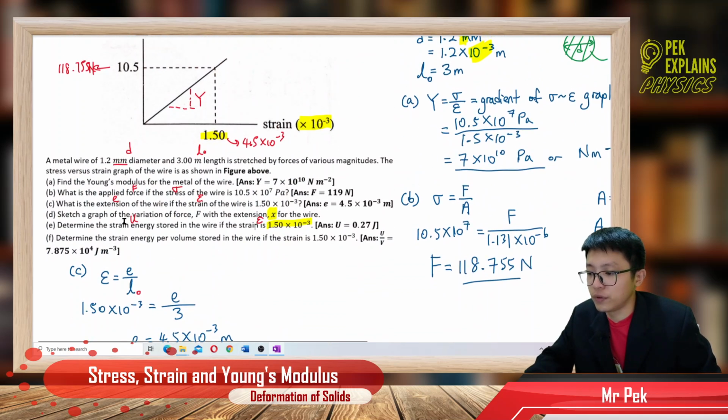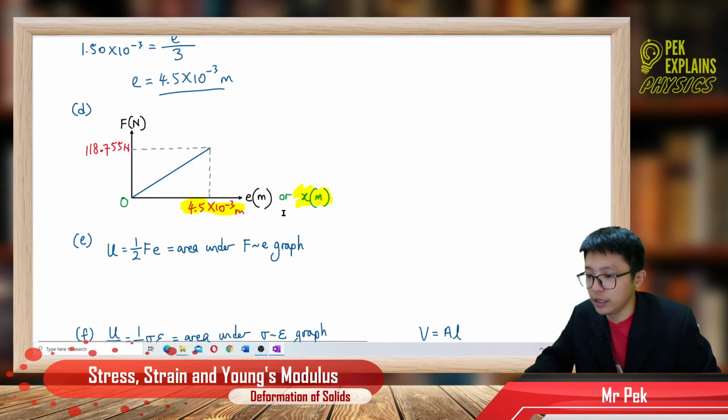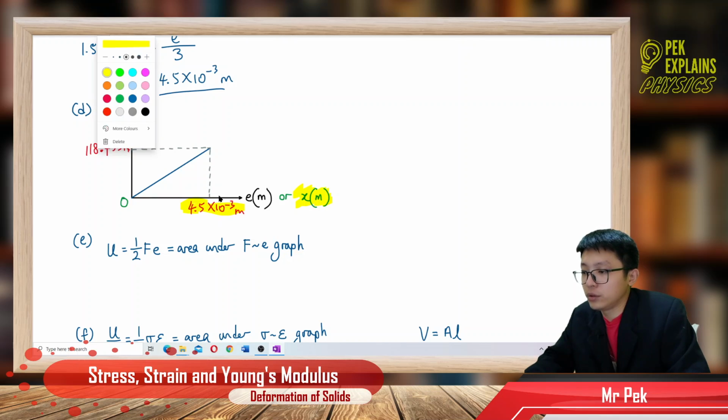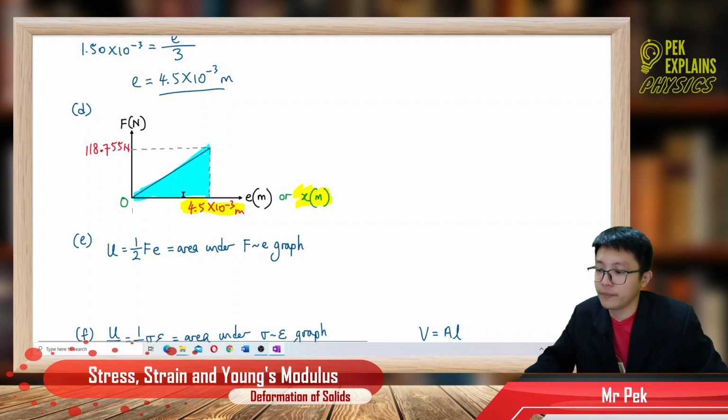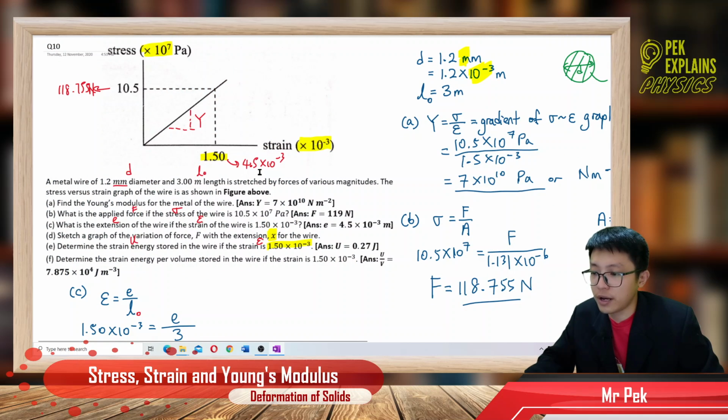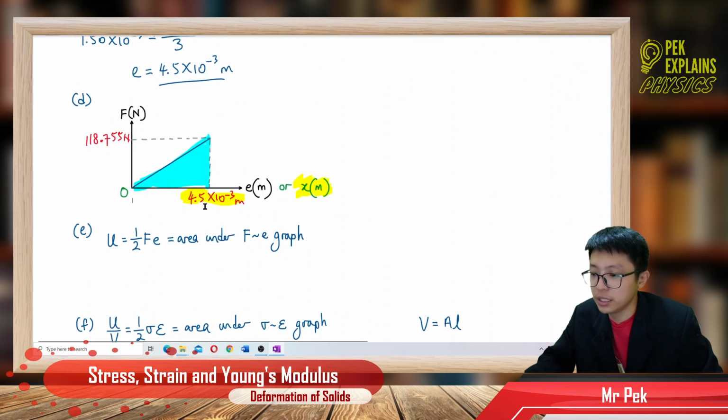So I need to find the area under the FE graph from 0 up to 4.5. I need to find this area. That's the strain energy, under this strain 1.5, which is also 4.5 elongation.